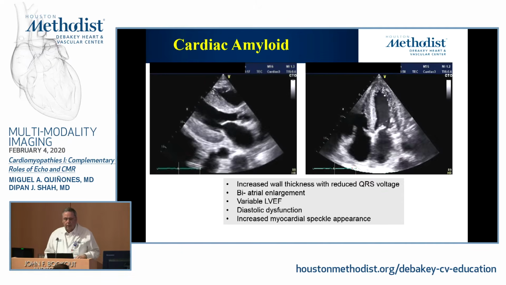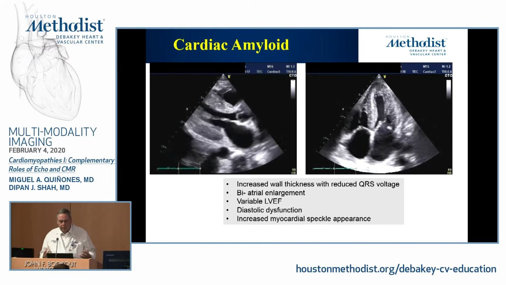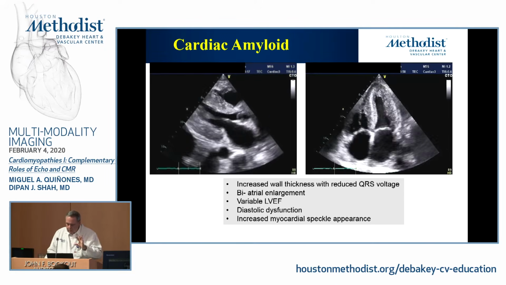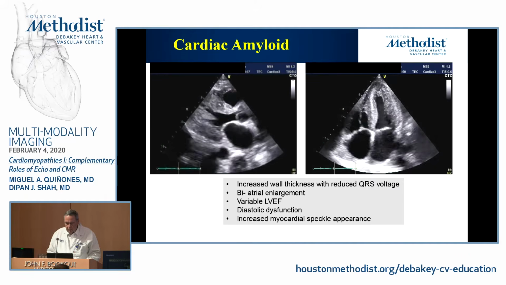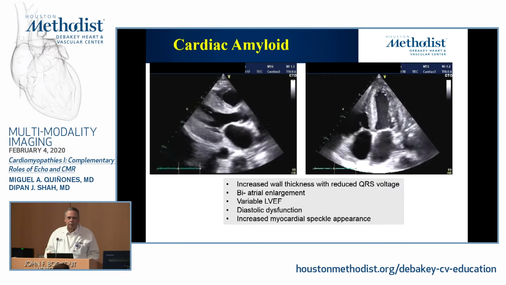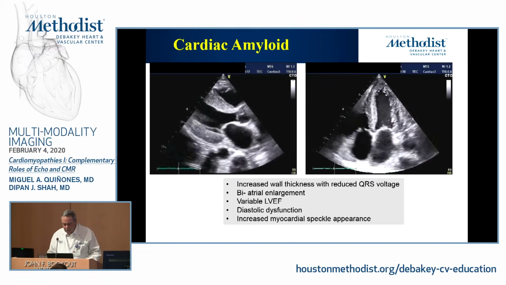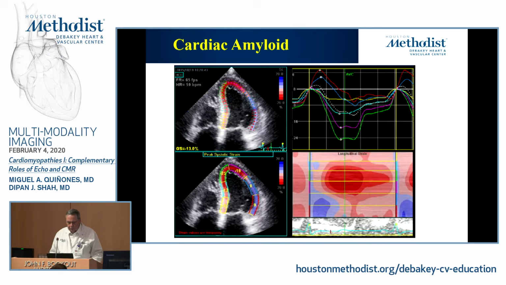And also now we have treatments. So because we have treatments, it's important that as clinical cardiologists, we keep a good watch for them and take a good history about carpal tunnel syndrome, spinal stenosis, all the great things that you heard yesterday in our case of the month presentation.